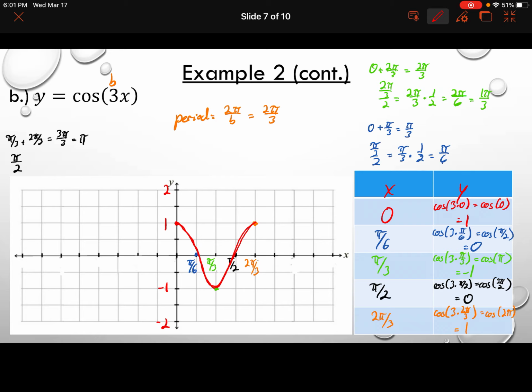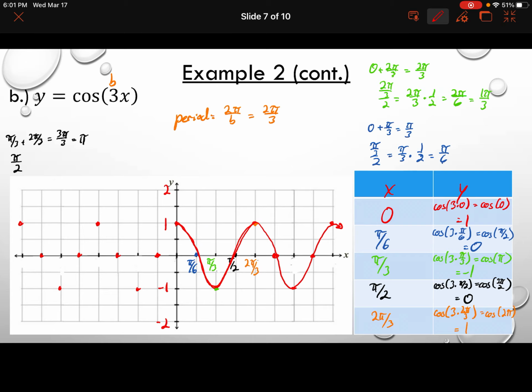So 1, 0, -1, 0, 1, 0, -1, 0, 1. So there's another cycle. Or if we wanted to go in the other direction, it'd be 0, -1, 0, 1. And then 0, -1, 0, 1. So it just repeats, right?